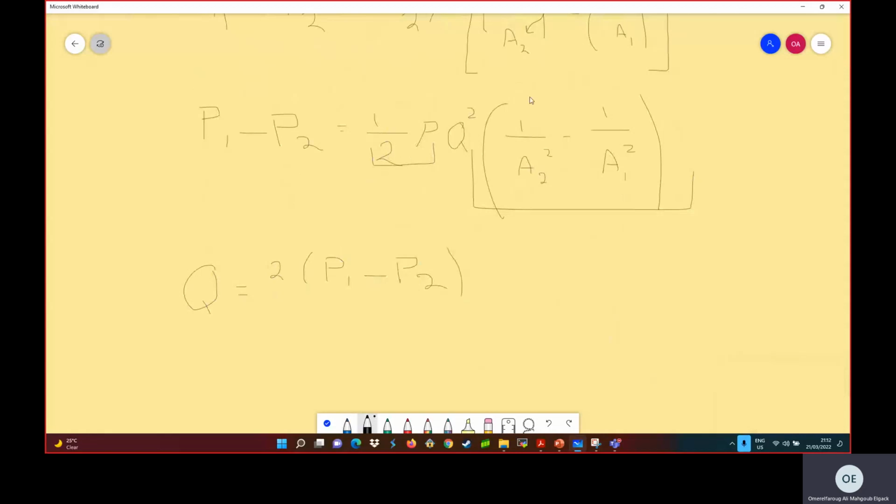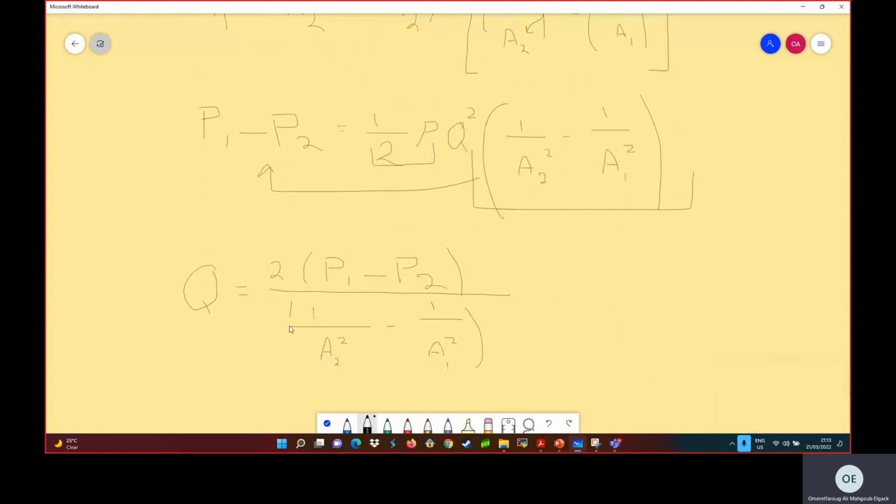And then divide by this bracket, to isolate Q on the left side. So you will divide by 1 over A2 squared minus 1 over A1 squared.